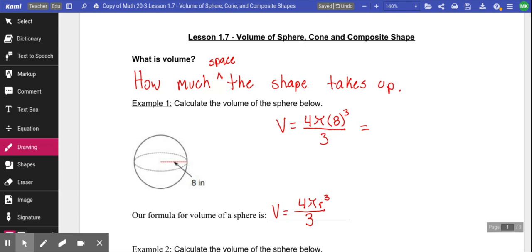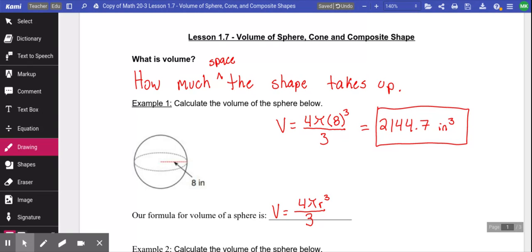That's what I noticed when I was doing this. So 8 to the power of 3 times pi times 4 divided by 3, you get an answer of 2,144.7 inches cubed. It's a big sphere.